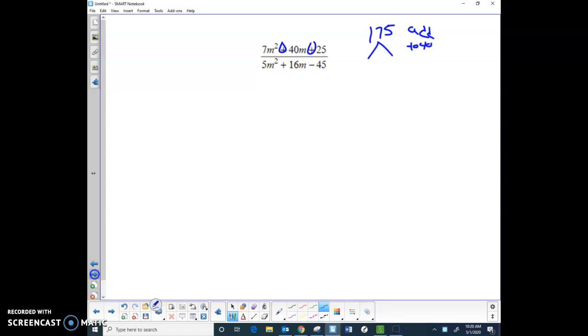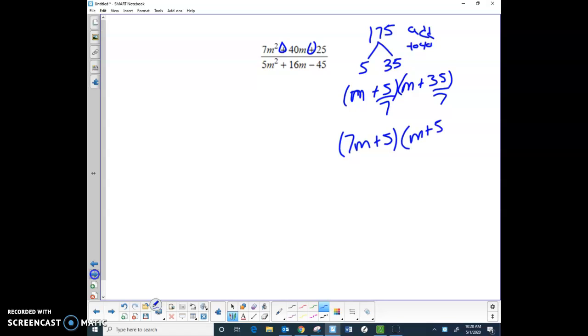Factors of 175: obviously 5 goes in there, and 5 times 35 gives me 175. Lo and behold, those two add up to 40. I don't need to go any further. So what we've got is m plus 5 and m plus 35 divided by 7. That one doesn't go in, so 7m plus 5 is what we have over there, and m plus 5 for that one.